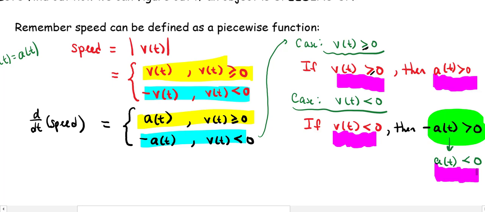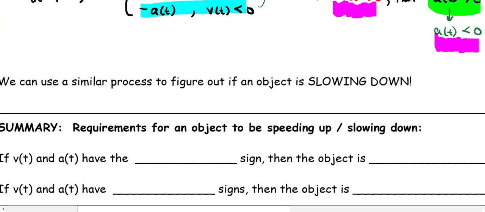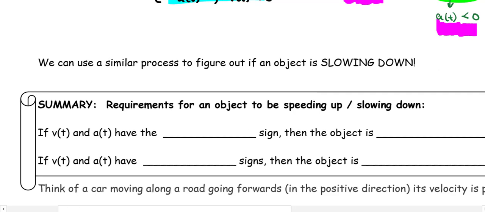Notice here that the signs for both velocity and acceleration must be the same. And that gives rise to our summary. What are the requirements for an object to be speeding up? Well, we just figured it out. If v of t and a of t have the same sign, then the object is speeding up.